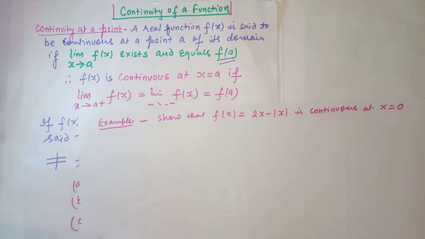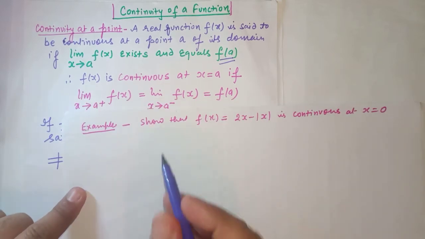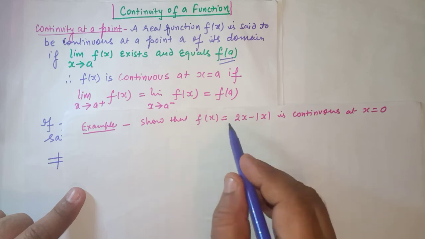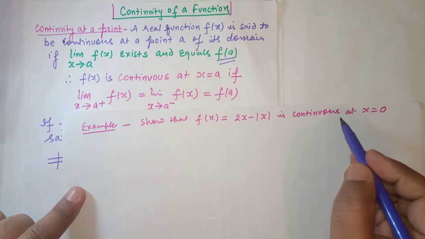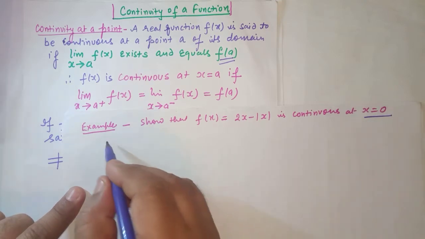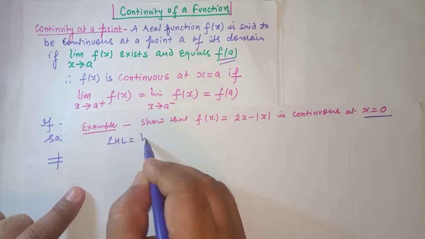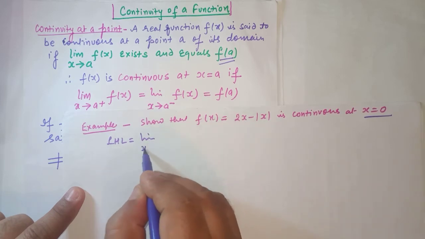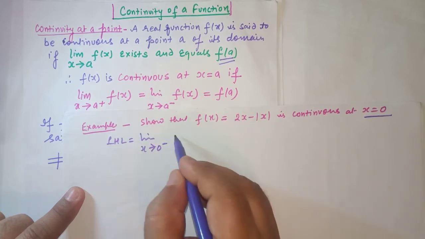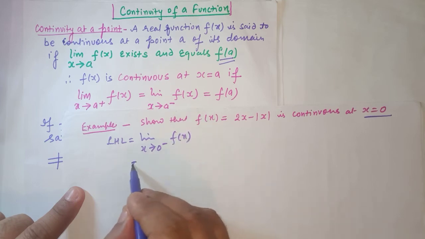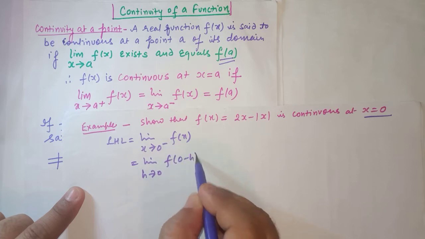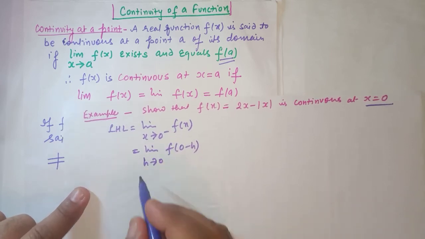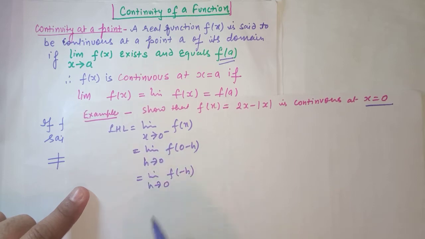Viewers, let us take this example. Here we have to show that this function f(x) equal to 2x minus mod of x is continuous at x equal to 0. So what we'll do, we'll find the left hand limit. So limit x tends to 0 minus f(x). So this is limit h tends to 0 of f of 0 minus h. Now we have limit h tends to 0, f of minus h.